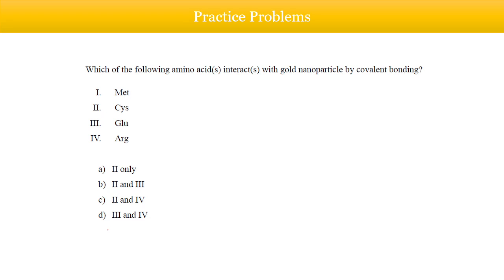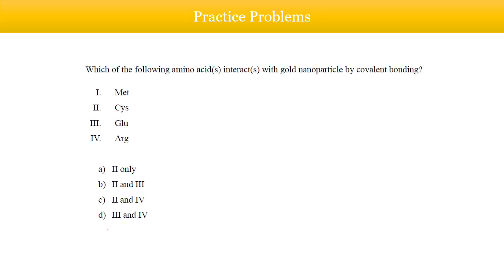Which of the following amino acids interact with gold nanoparticles by covalent bonding? Cysteine has a thiol group, and on the other hand, your gold has affinity towards sulfide.